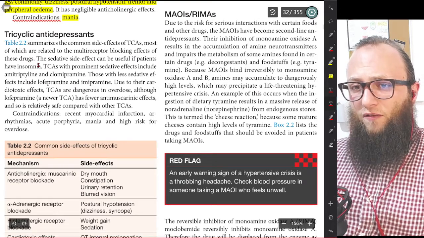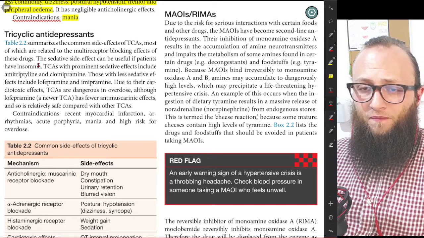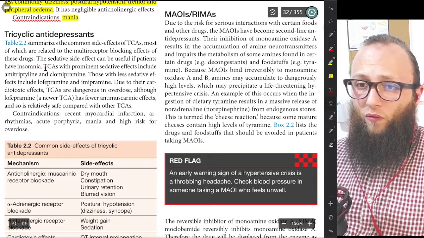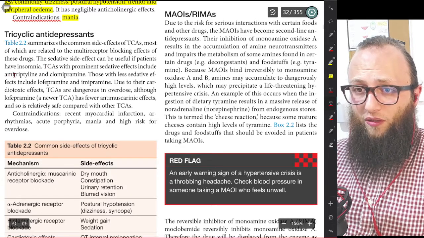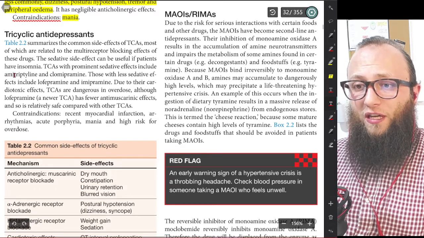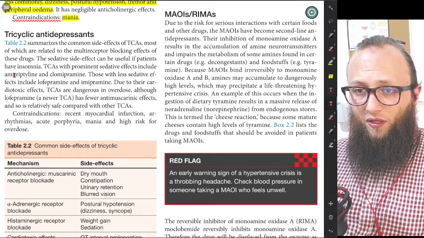The sedative side effect can be useful if patients have insomnia. Tricyclic antidepressants with prominent sedative effects include amitriptyline and clomipramine. Those with less sedative effects include lofepramine and imipramine.